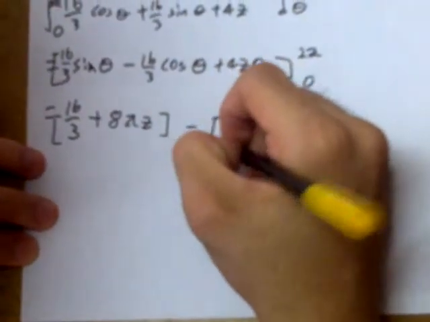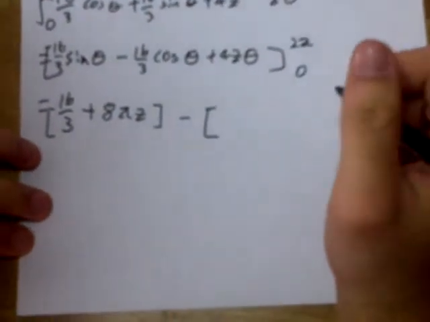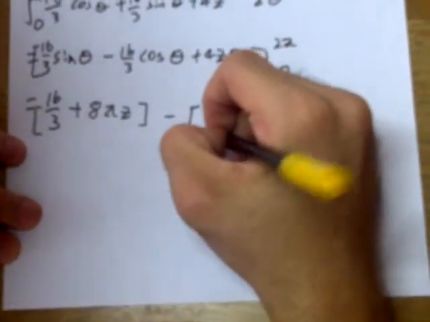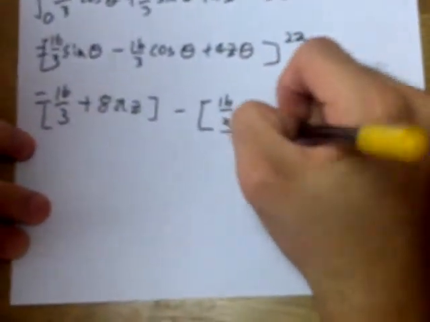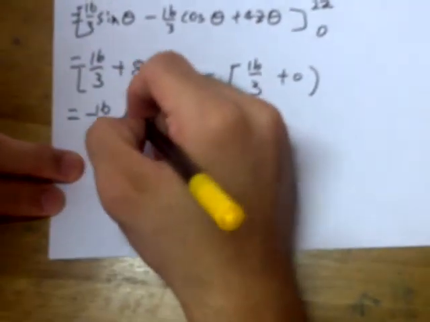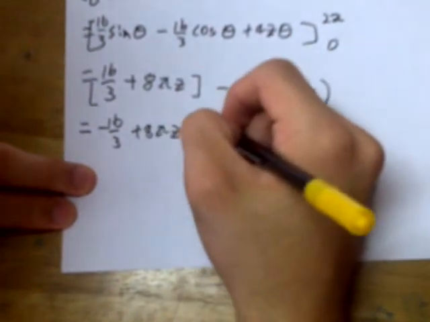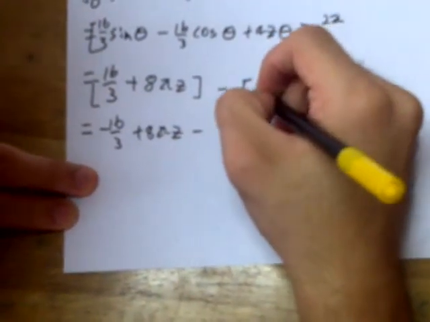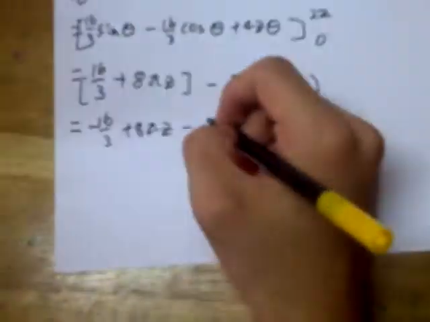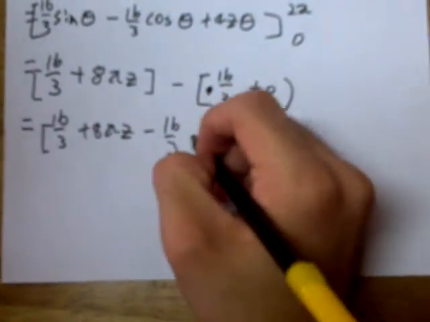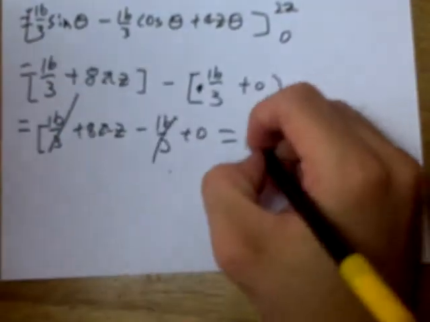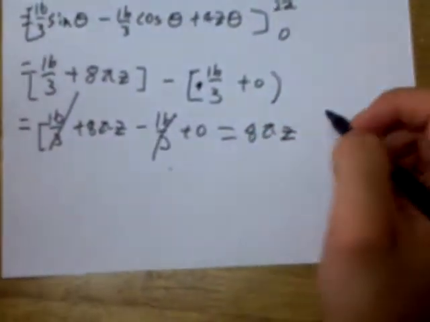Then for 0, negative cos 0 is negative 1, so negative 16 over 3 plus 0. Simplify: negative 16 over 3 plus 8 pi z minus negative 16 over 3 plus 0, the 16 over 3 cancels, leaving 8 pi z.